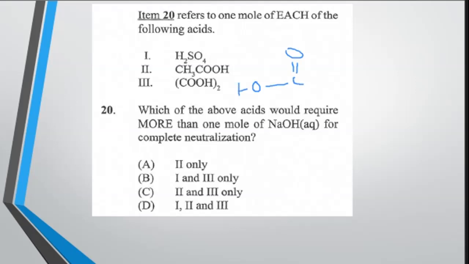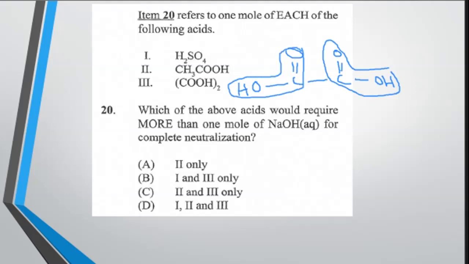COOH here bonded to another COOH. This is one acid group, and this here is your second acid group, and both of them together give you a diacid. 1 is mono, 2 is di, 3 is tri.